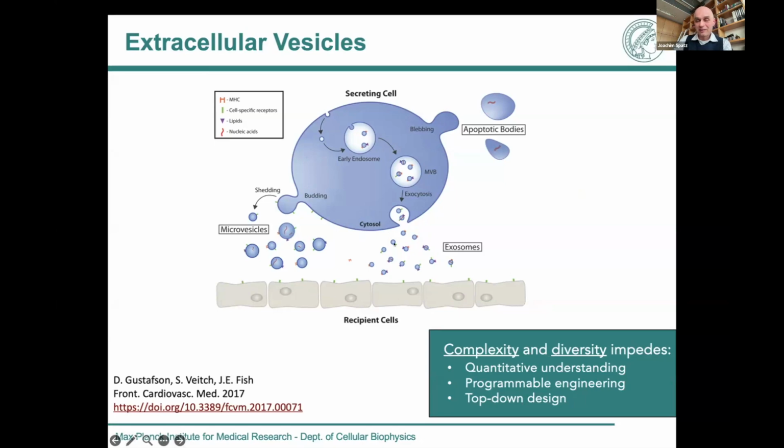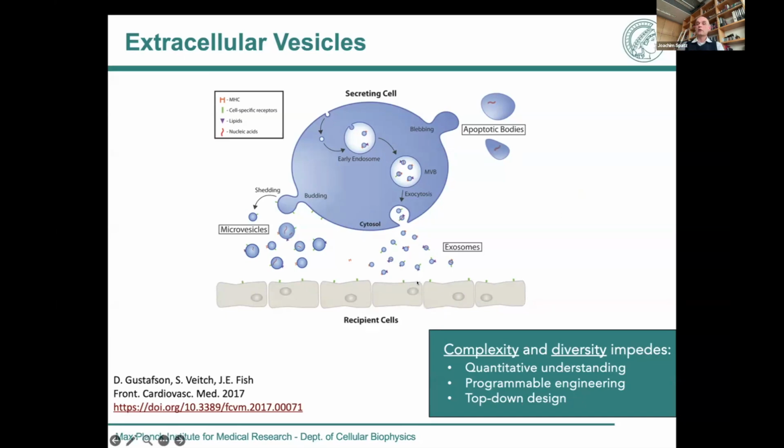The problem is that these extracellular vesicles are very complex, they're very diverse, and it's very difficult to get a quantitative understanding. But it would be nice to engineer such extracellular vesicles, to make them quantitative, reproducible, and then induce very specific, precise signals on the recipient cells.